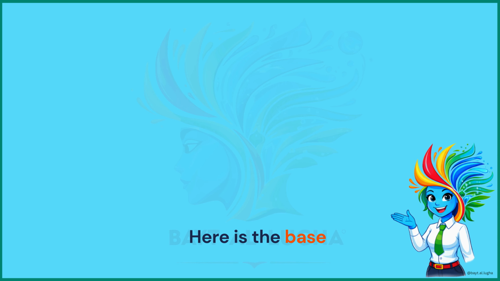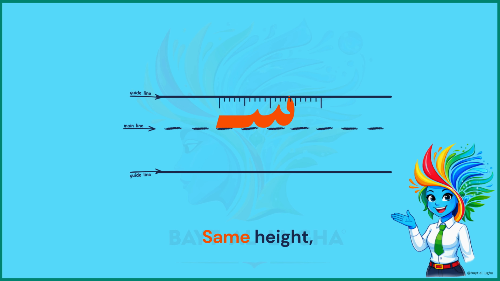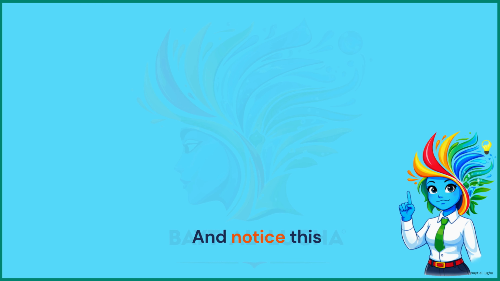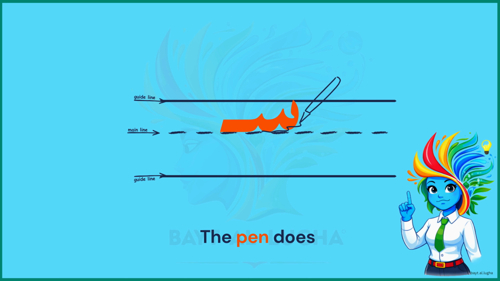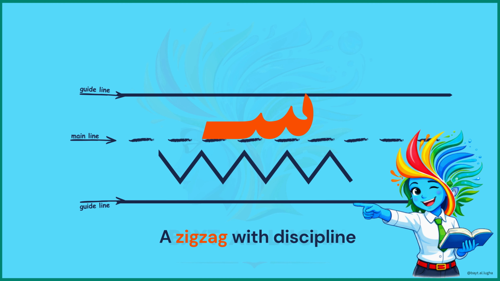Here is the base. 3 teeth, right to left, same height, evenly spaced, sitting on the line. And notice this, the pen does not lift. It is one movement, up, down, up, down, up, down, a zigzag with discipline.